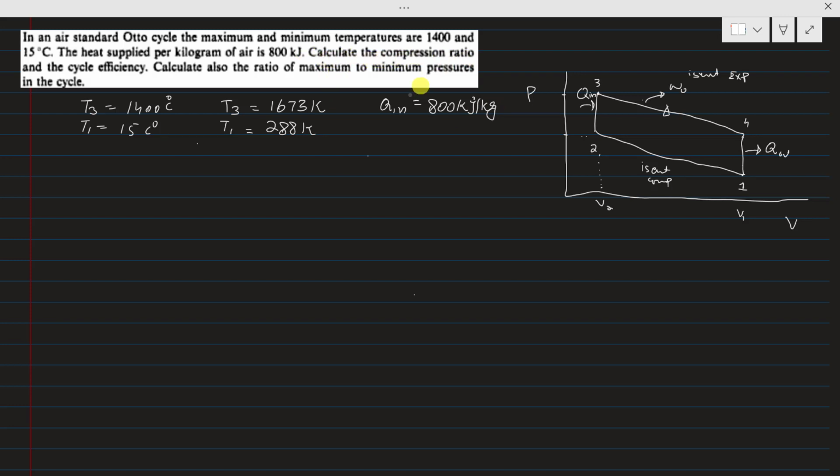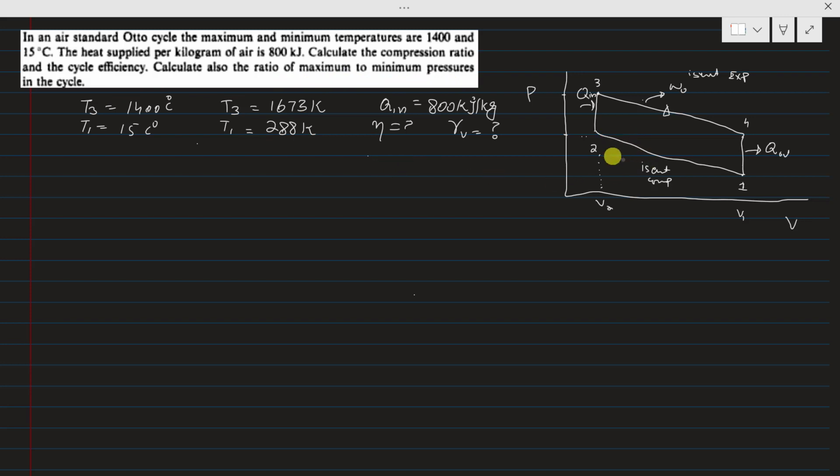Calculate the compression ratio, denoted by rv, and the cycle efficiency. Calculate also the ratio of maximum to minimum pressures in the cycle.